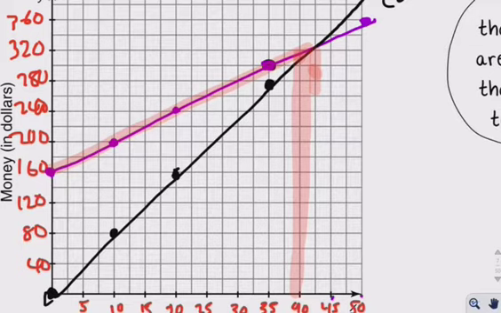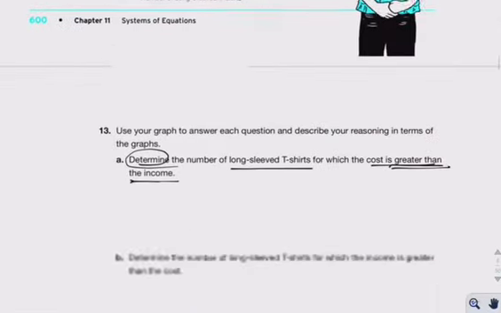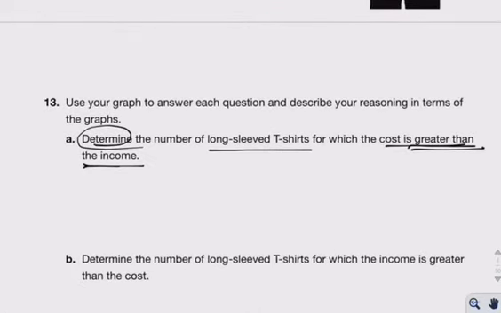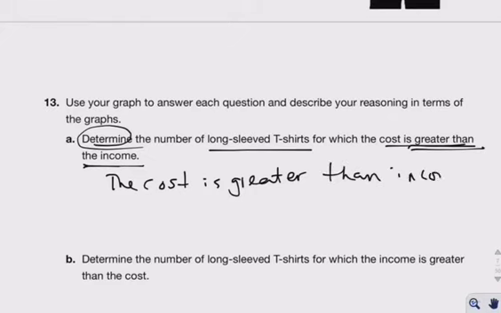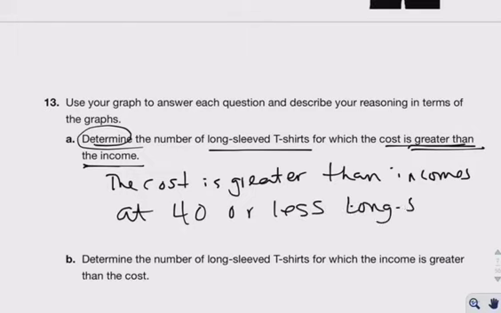A little bit after, the cost is the same. So, the cost is greater than the income at 40 or less long sleeve t-shirts.